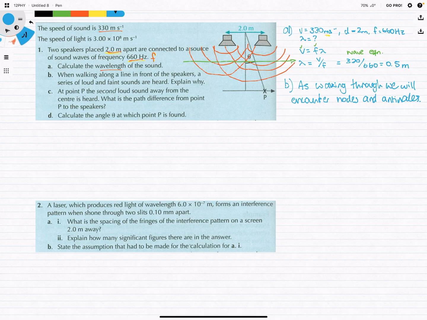That's great, we absolutely know that. We should probably describe what a node is, and relate that to our diagram. Nodes are out of phase by 180 degrees and are quiet.